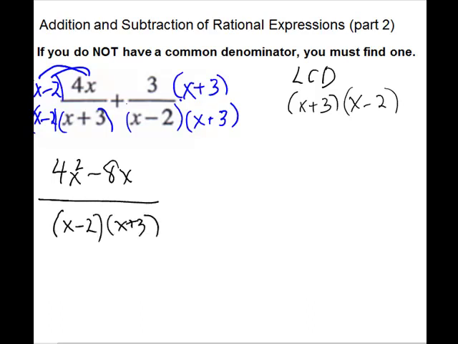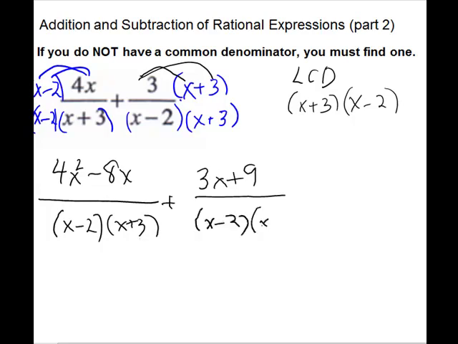We will distribute the 3. It's a plus 3. You can always take that sign with it to save yourself some time. And so we're going to have 3x plus 9 over this same denominator. And then we're going to keep the denominator and combine the numerators.